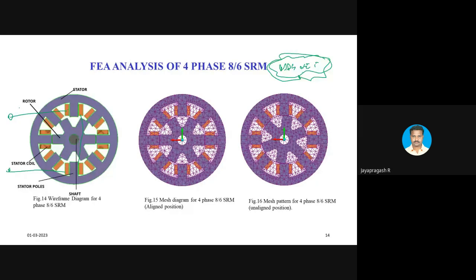Your software treats each discretized portion as an individual problem and solves it at the back end using iterative solutions like Newton-Raphson, Runge-Kutta, something like that. Finally, they are all summed together to obtain the total solution. This is the mesh pattern at the aligned position, where the rotor pole and stator pole are aligned together. This is the mesh pattern at the unaligned position, where the rotor pole is lying between the 2 stator poles.